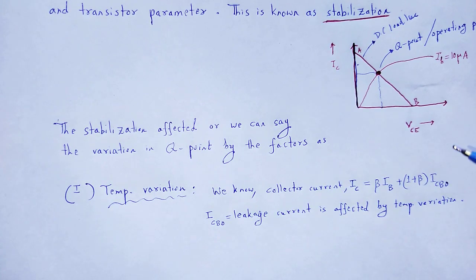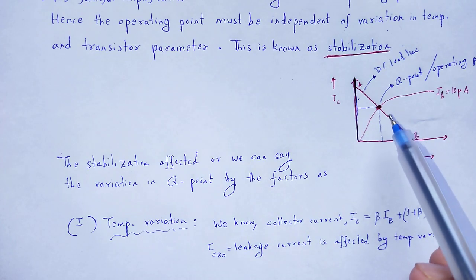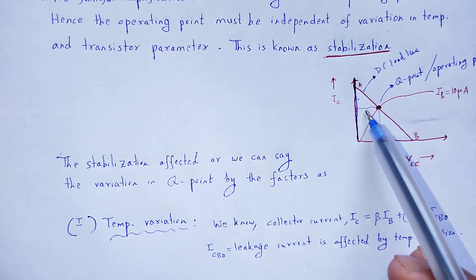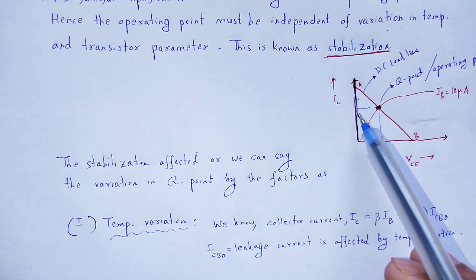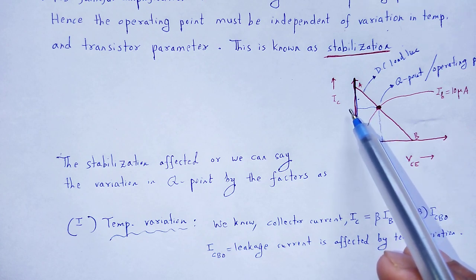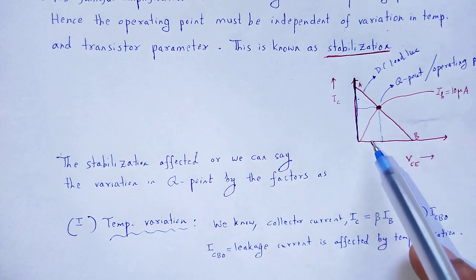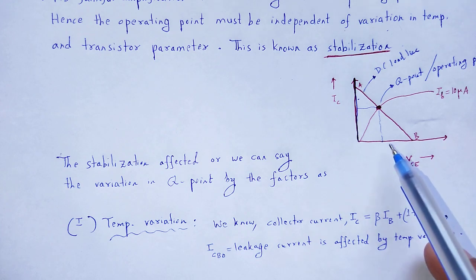If the transistor is made up of germanium, then the leakage current is doubled with each 10 degrees Celsius increase in temperature. As you know, the Q point denotes the relation of collector current to collector-emitter voltage.